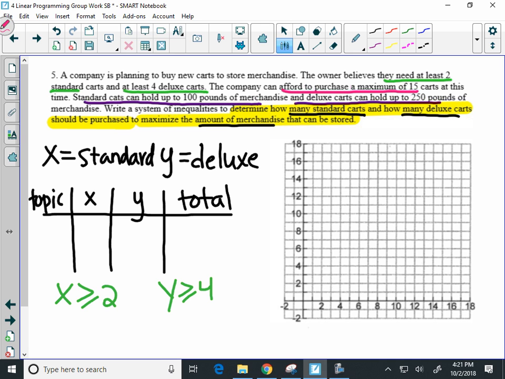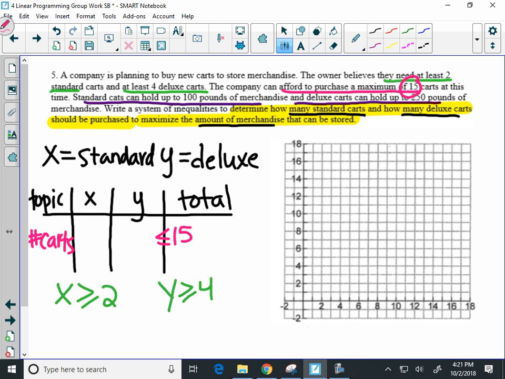That's the topic of that, the number of carts they're going to buy. When you see a total value, so here a total value of 15, that's going to tell you that that's something that needs to go into your equation. Right? We can buy at most 15 carts, so we need that to be a less than or equal to symbol.